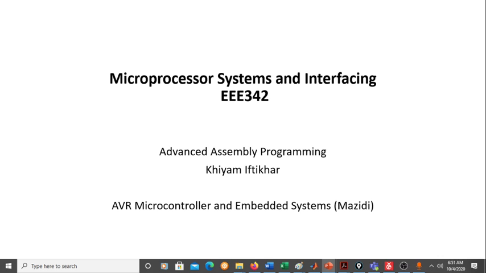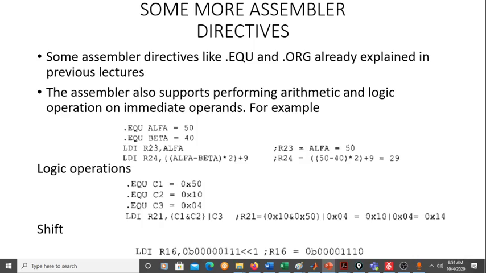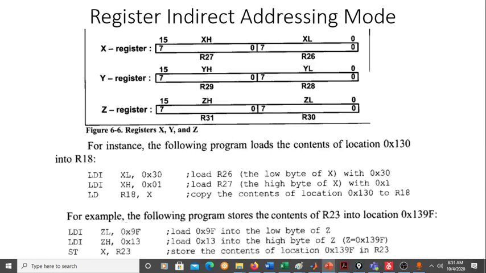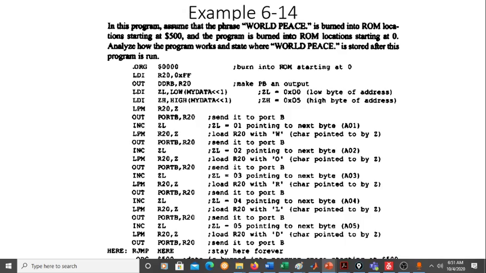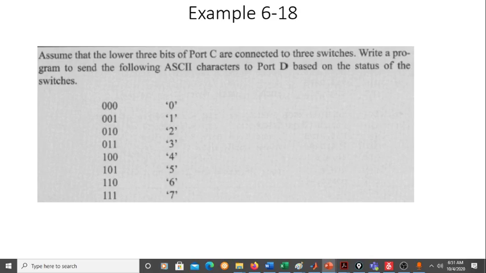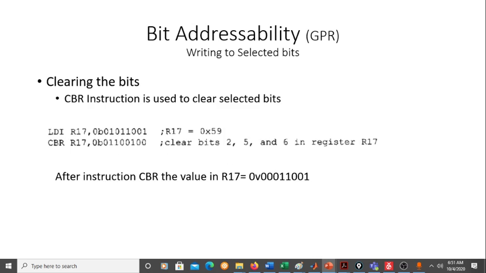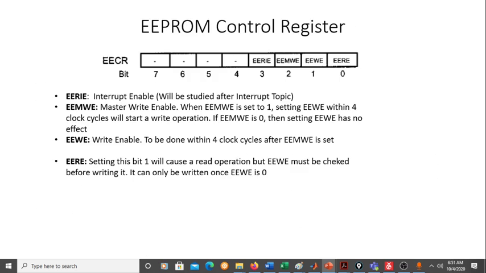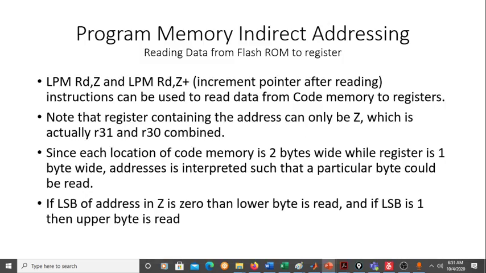The topics in this chapter are: first we will see some assembler directives, then we will study addressing modes, and finally, we will see some miscellaneous topics such as how to use the EEPROM and what is a macro. So let's start.